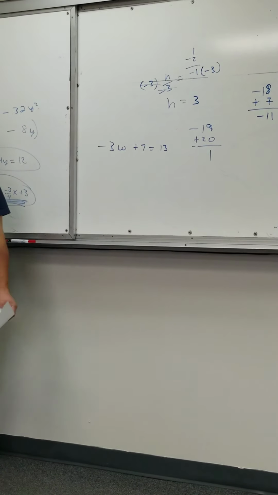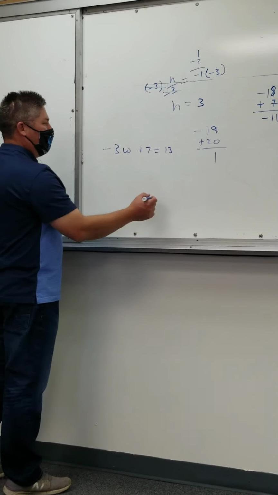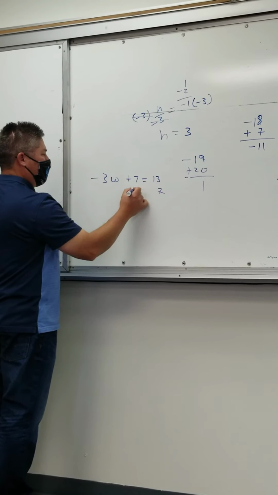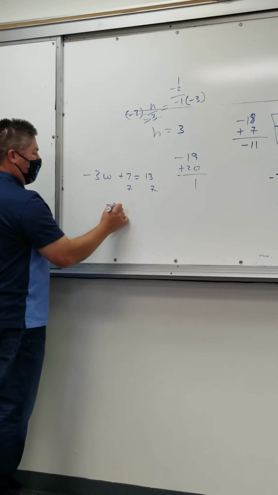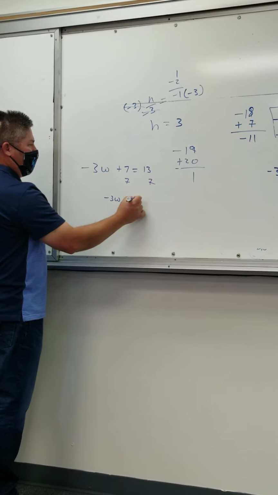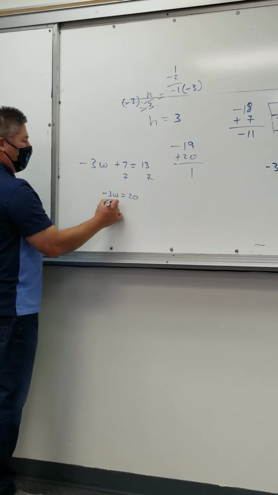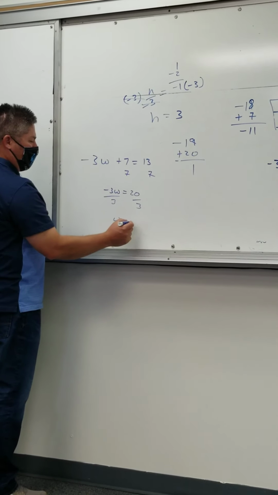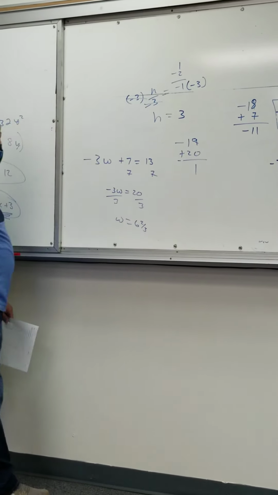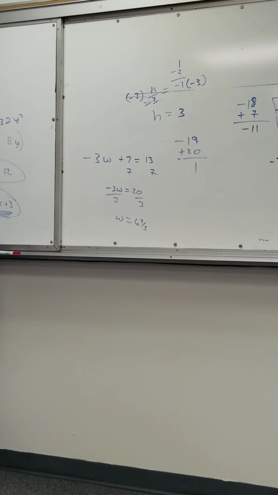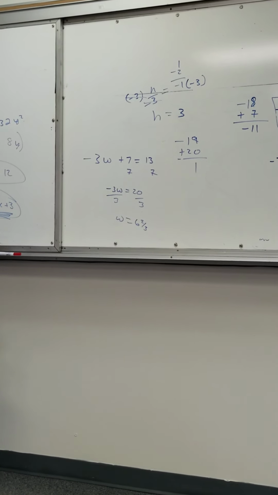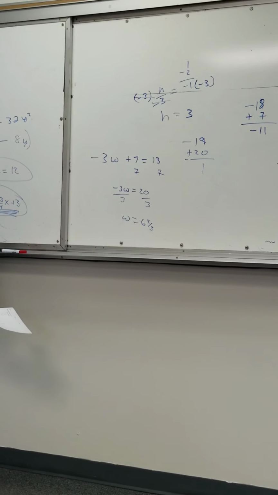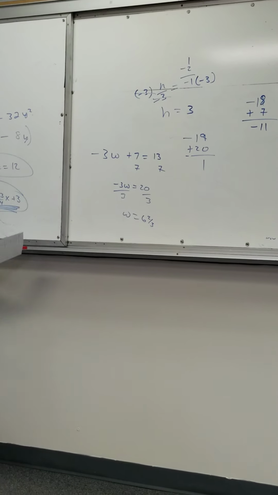So I see this happen all the time, and this is what I see kids do. 7, negative 3w equals 20, and then 3w is, I don't know, 6 and 2/3. Is that right? Wrong. What did I do wrong the whole time then? I didn't write any signs down as I was doing anything. Okay? So pay attention to the signs.